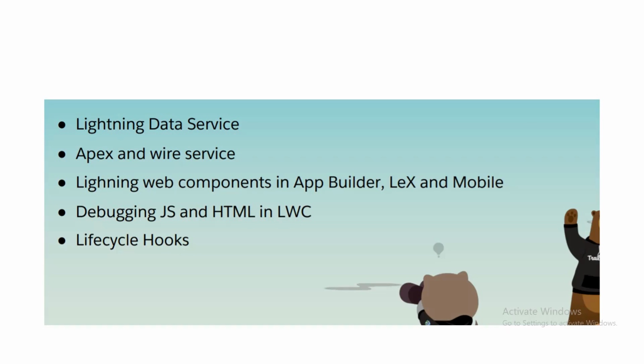So these are basically the types of lifecycle hooks which are associated with Lightning Web Components. We'll deep dive into each one of them and understand how to use all of them. So that is something we will discuss in this particular meeting. Okay.